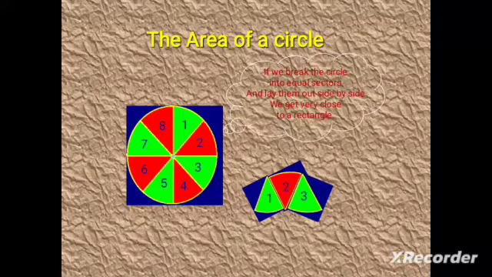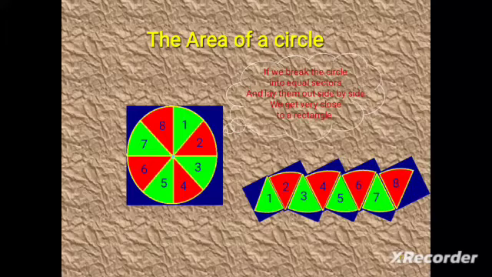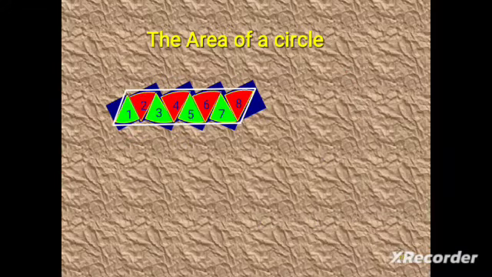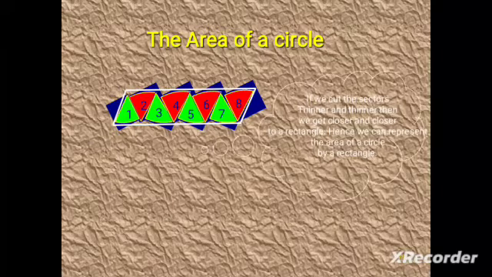The total sectors were 8, and you realize that they are forming a rectangle. Now, if we cut the sectors thinner and thinner, then we get closer and closer to a rectangle. Hence, we can represent the area of a circle by a rectangle.